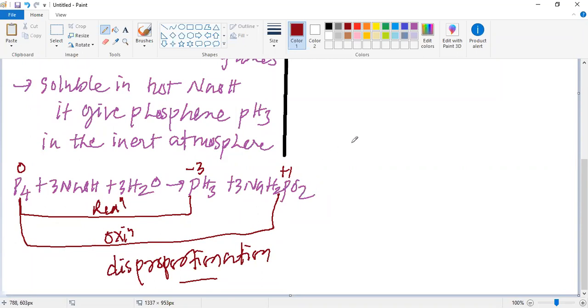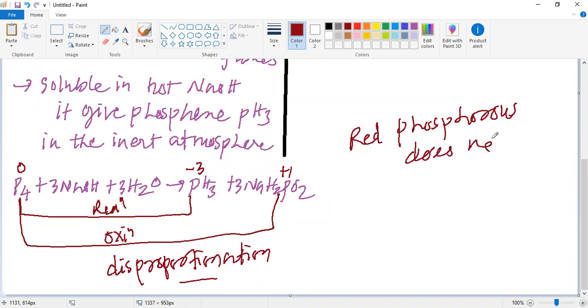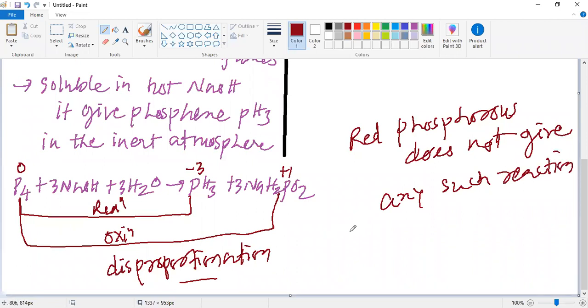Please remember, my dear students, that red phosphorus does not give any such reaction due to less reactivity.